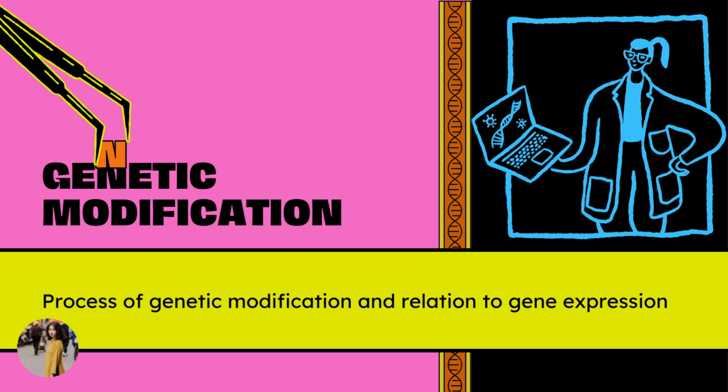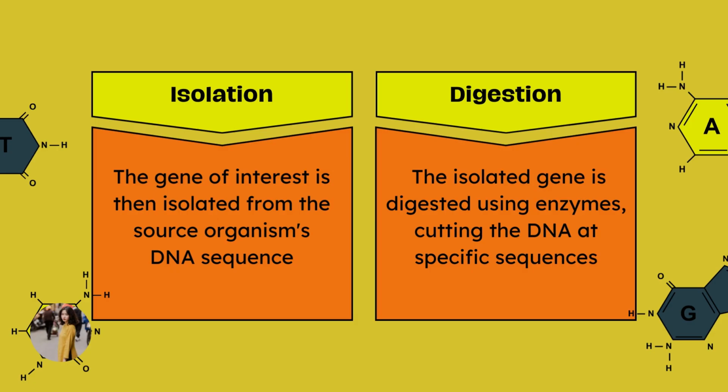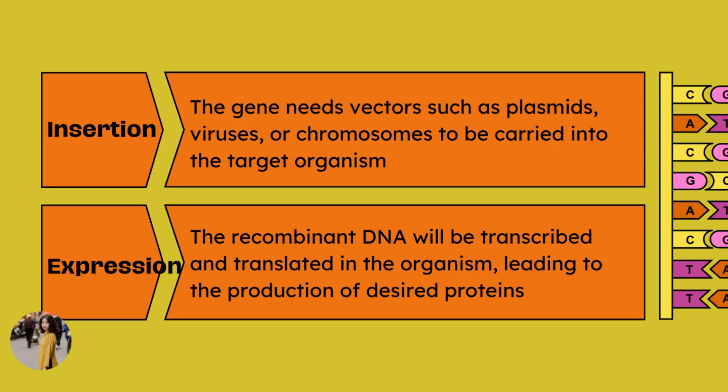So how does it apply to the process of genetic modification? First we have isolation, which is the process where the gene of interest is isolated from the source organism's DNA sequences. Next, the isolated gene is digested using enzymes, cutting the DNA at specific sequences.